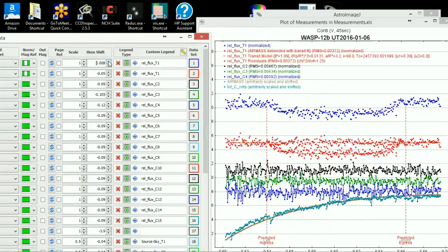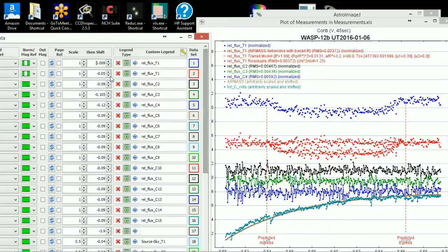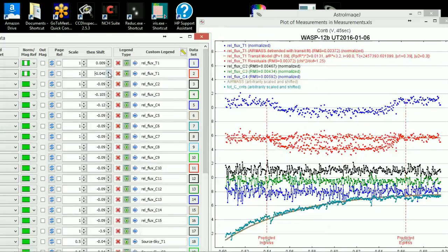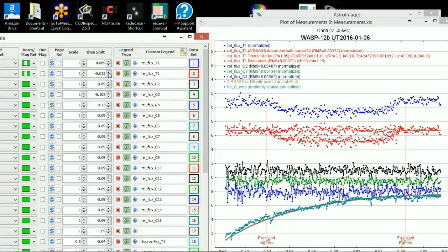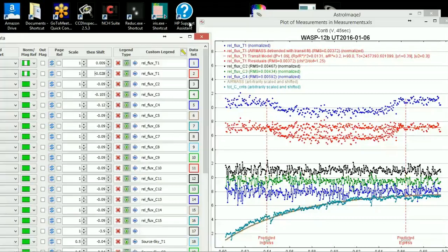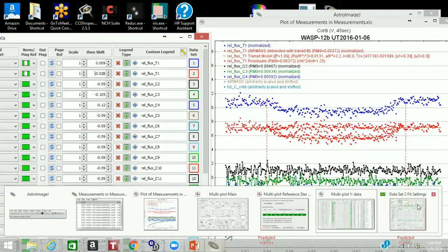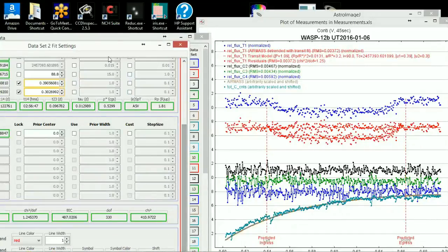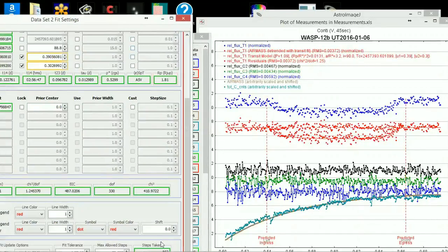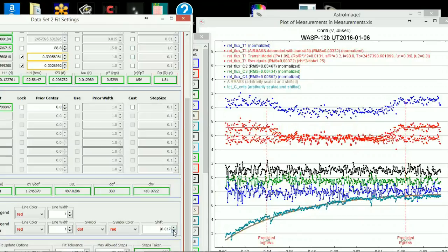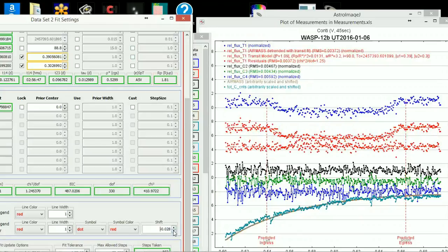Just going to shift it up a little bit. Let's shift up the transit model curve just so we can see the residuals a little bit better. Okay, and then we have some room here to shift the residual values down. And we do that by going back to our data set fitting screen. We see here this option called shift. Let's shift that curve down a bit so it's underneath our transit model.